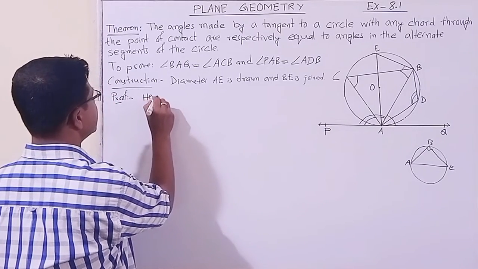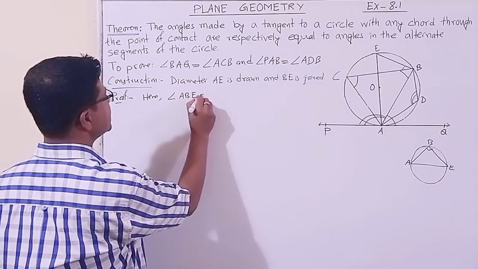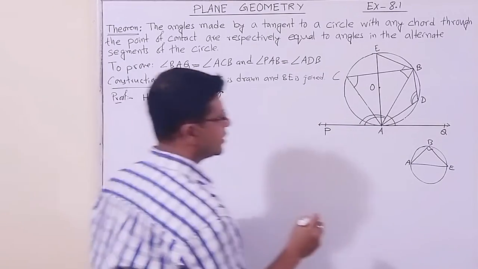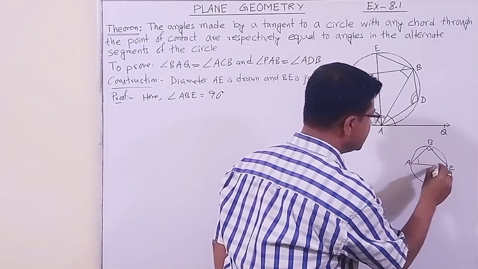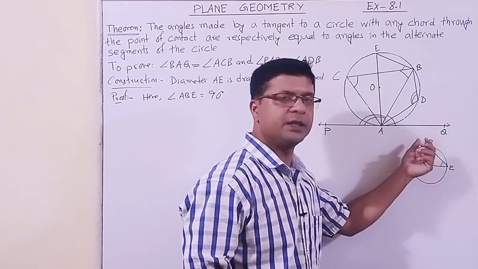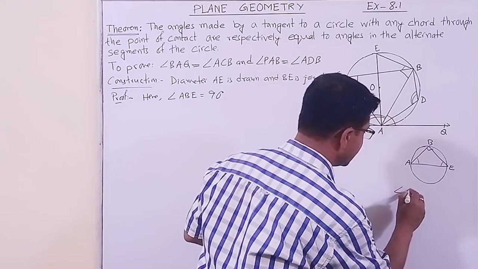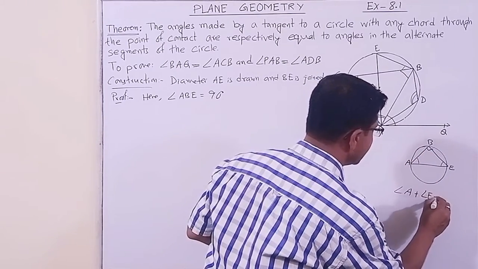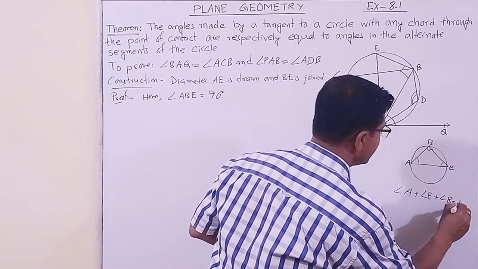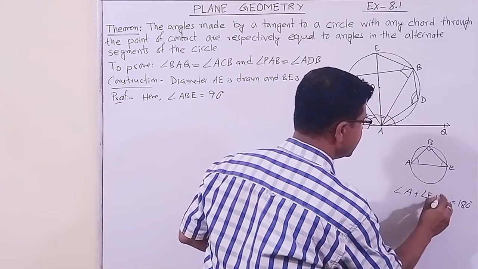Here angle ABE is equal to 90 degrees. Now dear students, what is the sum of these three angles? By angle sum property, the sum of the three angles is 180 degrees. So angle A plus angle E plus angle B is 180 degrees. But angle B is 90 degrees.